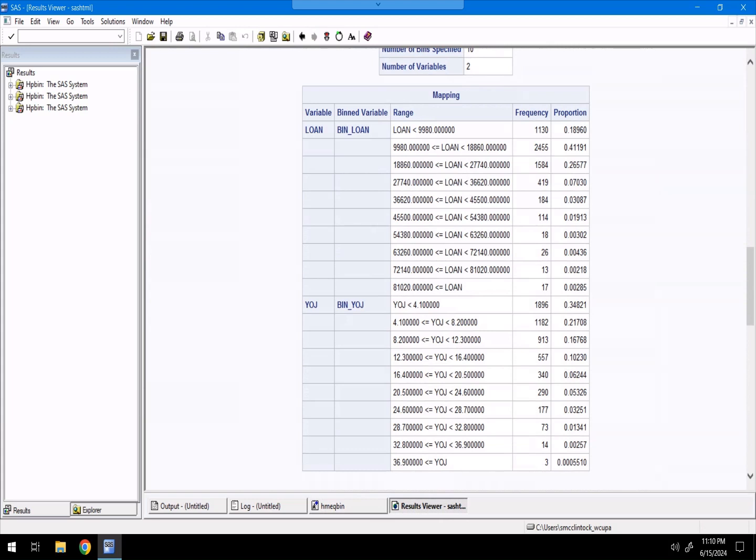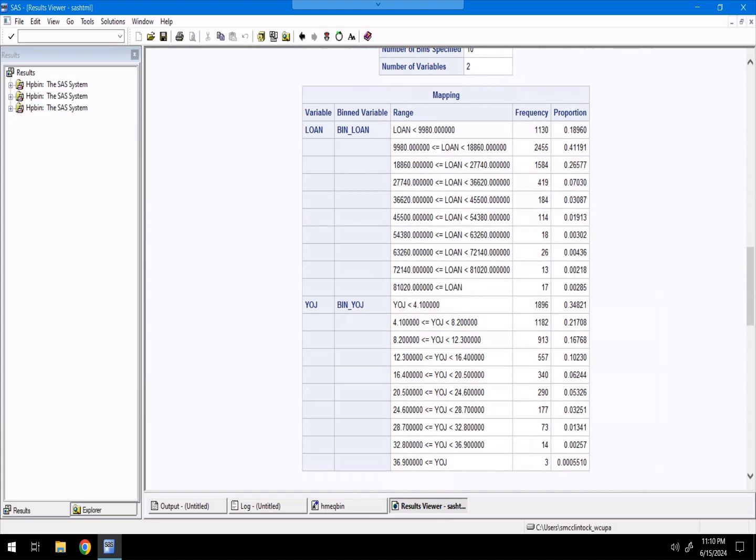It also tells me what percent of the data falls in each bin. And notice that I think 6 of these bins violate our rule where we say we want at least 5% of the data in there. So I've probably made too many bins.